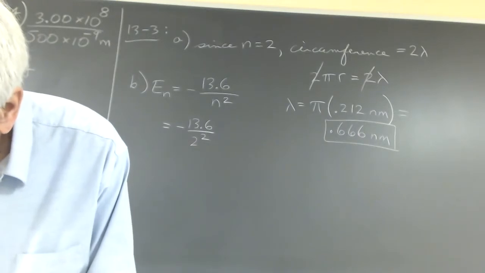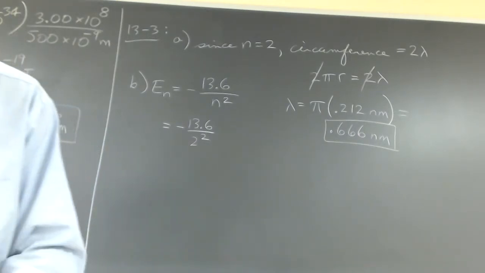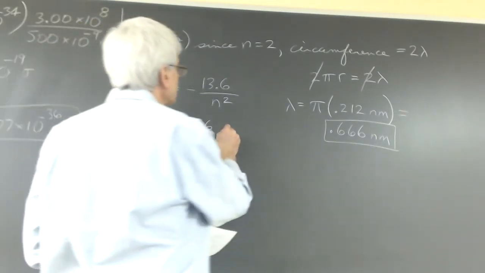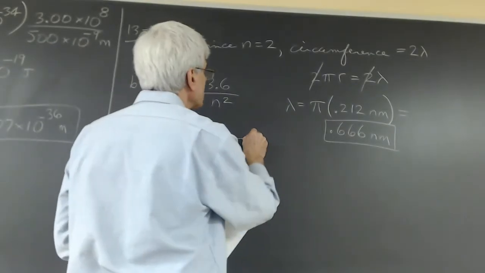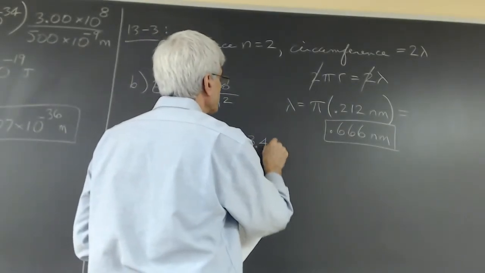Just fill in the value of n given in the question, and we've got negative 3.40.